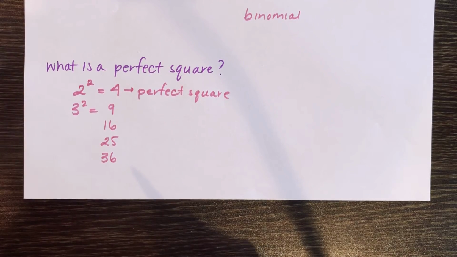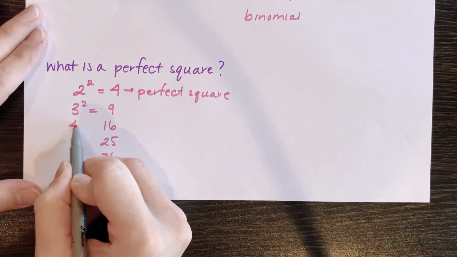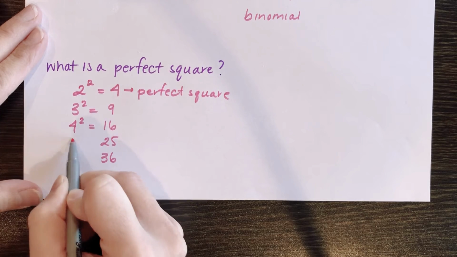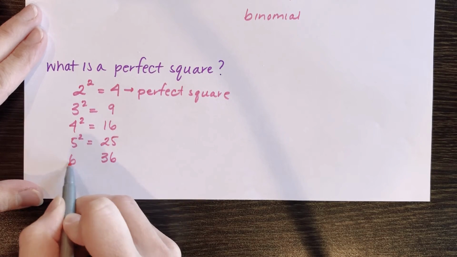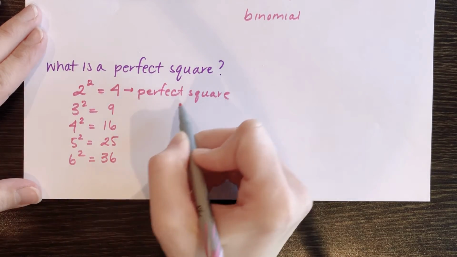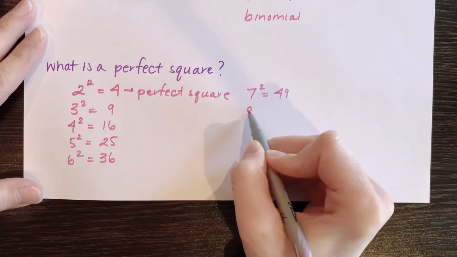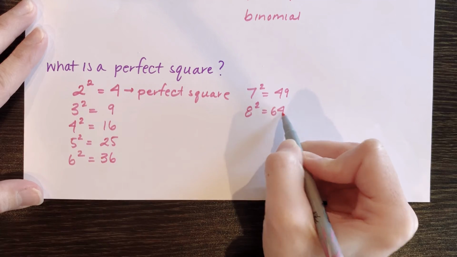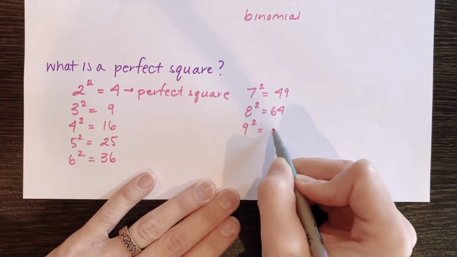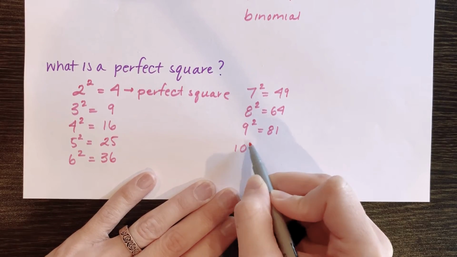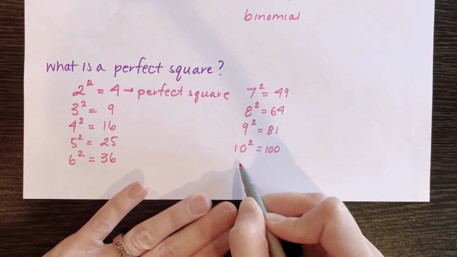Where am I getting all these numbers, right? I'm just coming up with them randomly? No, I'm squaring 4. I'm squaring 5. I'm squaring 6. If I square 7, right? Square 8.